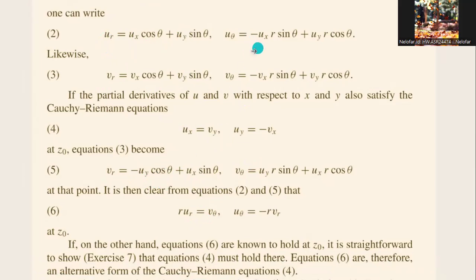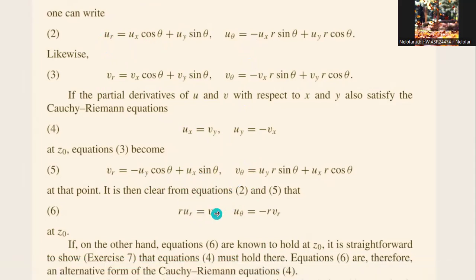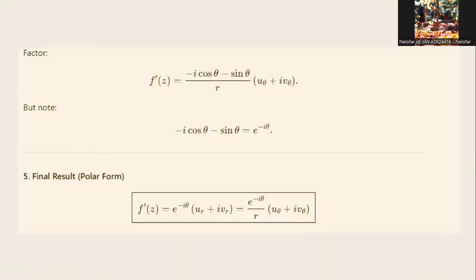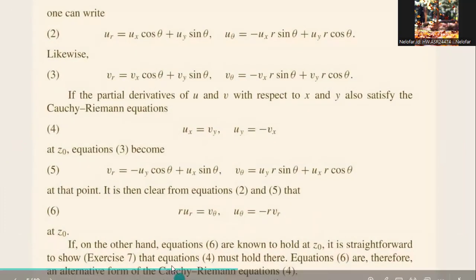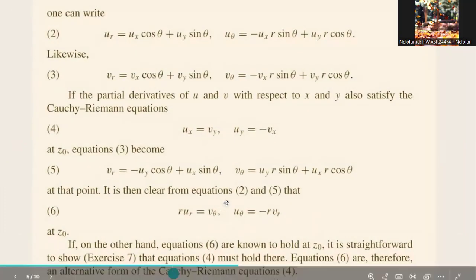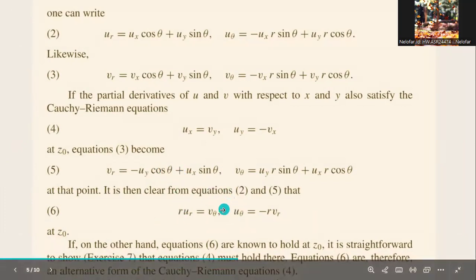We get u theta. So minus r vr is equal to u theta at z naught. So these are the polar form of Cauchy-Riemann equations. We have derived the polar form of Cauchy-Riemann equations. Now we can also prove that the converse also holds.